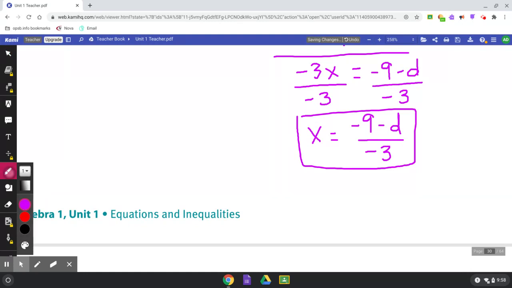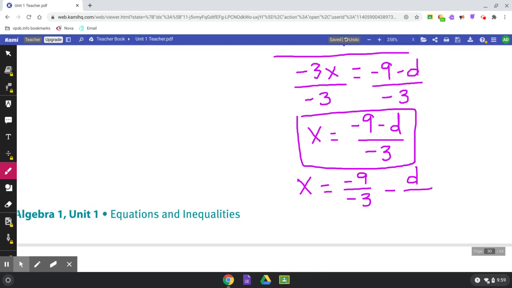Okay, in order to simplify this, you're left with x. That looks funky, doesn't it? Let's try this again. We are left with x equals negative 9 divided by negative 3 and d divided by negative 3.